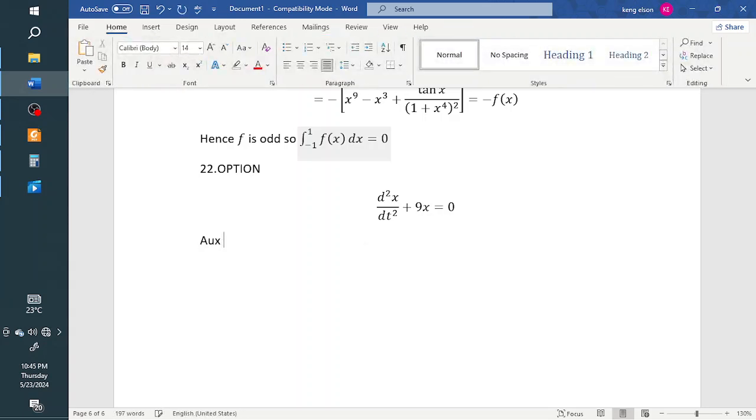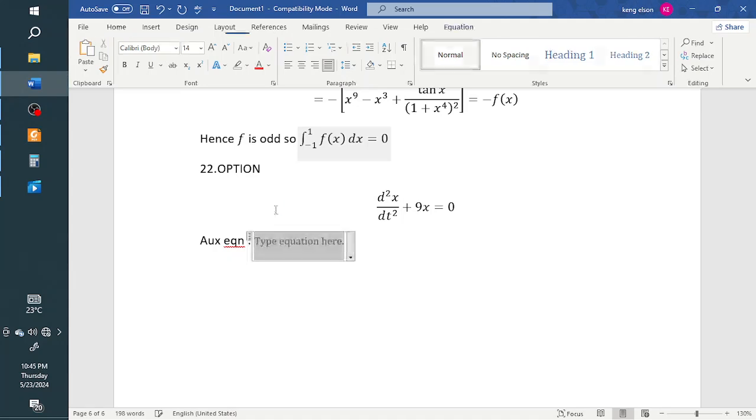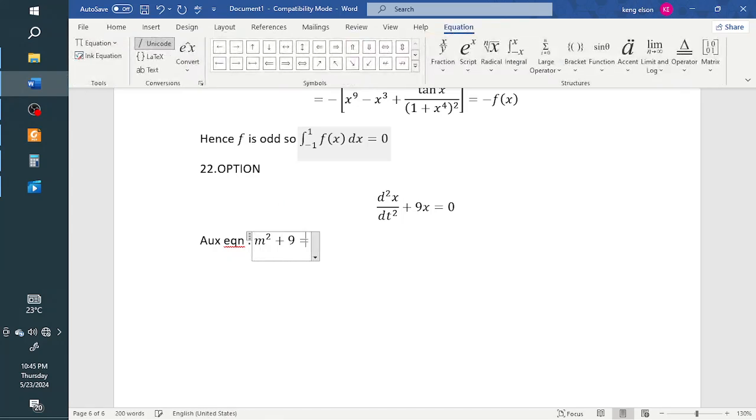Now I'm going to have m squared plus 9 equal to 0, because I'm just replacing the derivative with the parameter squared, and the constant, which has no differential, stays as just a constant. So from here we are going to have m squared equal to minus 9.